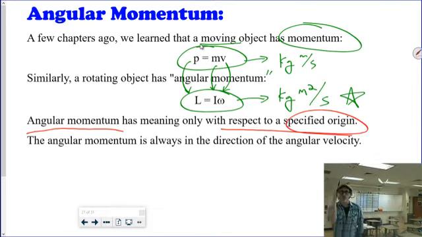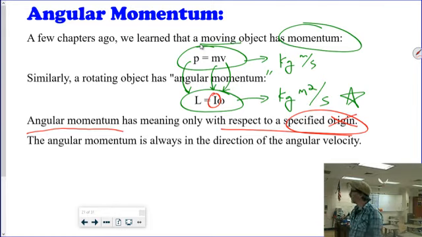In other words, what's your pivot point, what's your axis of rotation? You can see that because our rotational inertia also depends on that axis of rotation. I wish I used the term axis of rotation instead of origin there, but you get the idea, or if you don't, you can ask me.